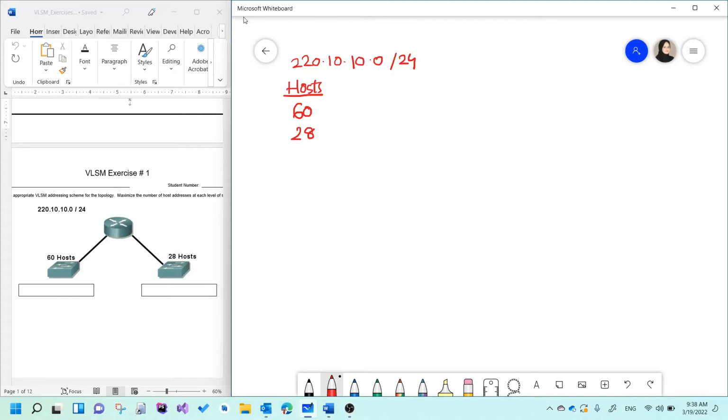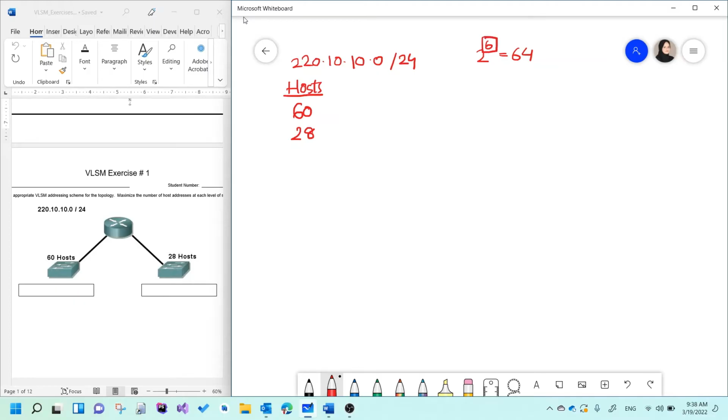How can you figure that out? You can find the power of 2 that will give you this particular number. If you calculate 2 to the power 6, it gives you 64. This is the number you need to find out.